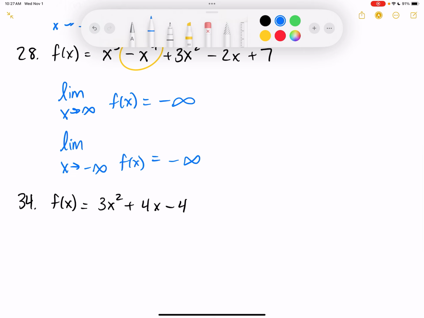So how would I factor this? Yep, and what would those be? Positive 6 and negative 2. Yep. So 3x squared plus 6x minus 2x minus 4.